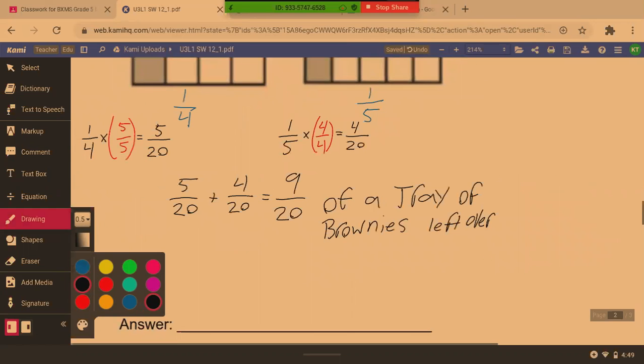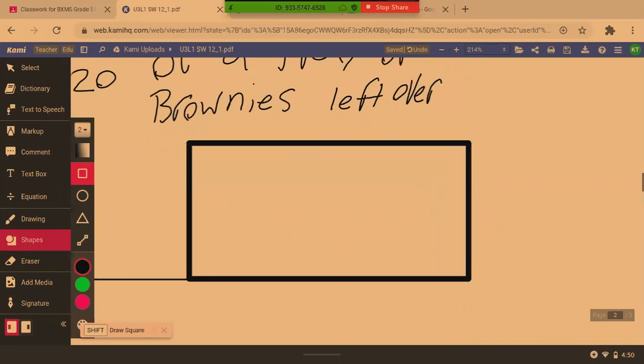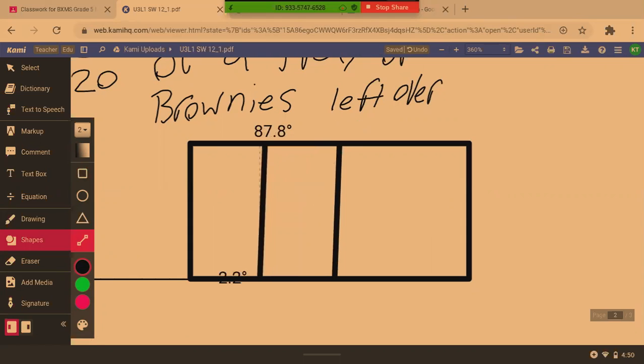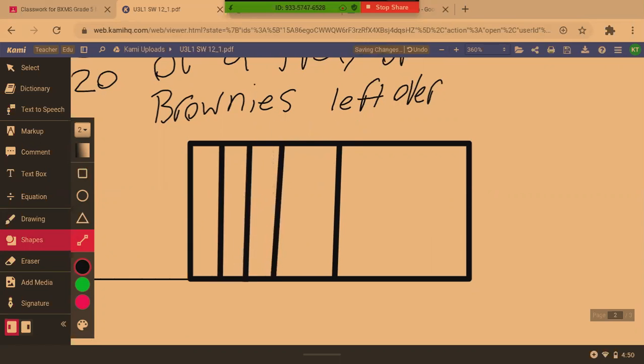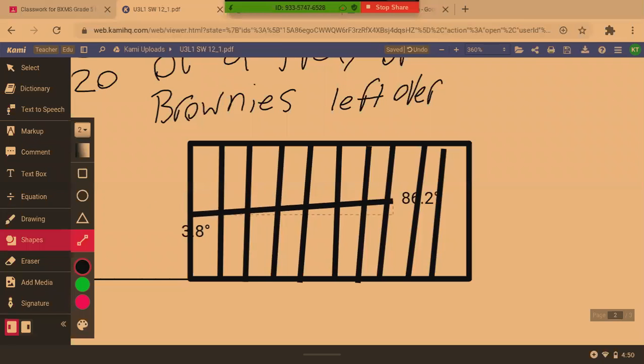So that means that there was a tray of brownies. And let's say that it was cut into 20 pieces. I am terrible at cutting pieces. Is that 20?